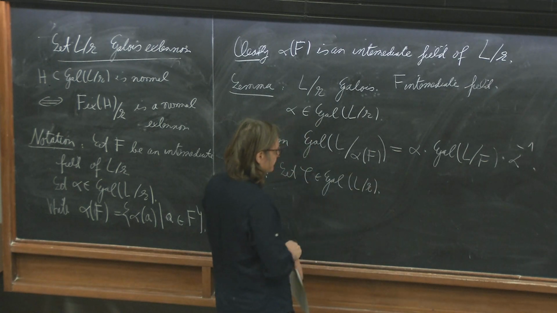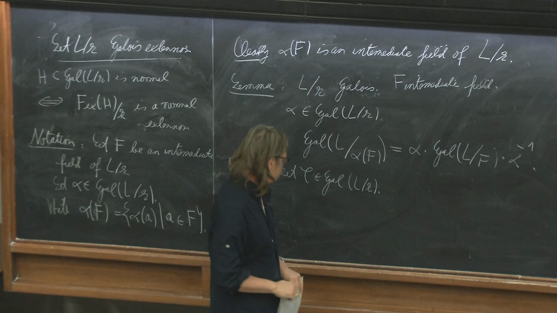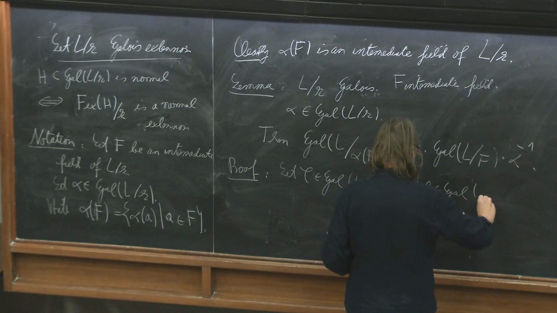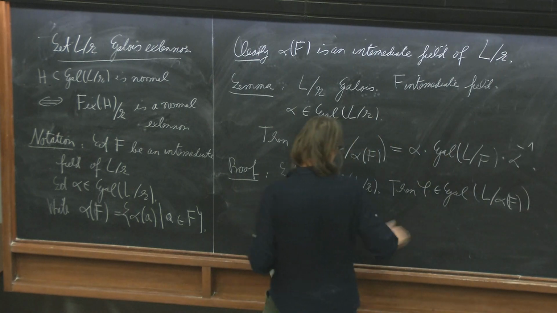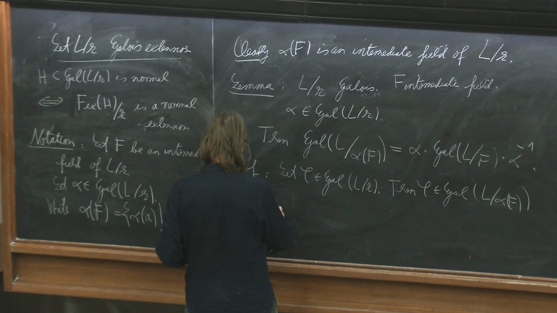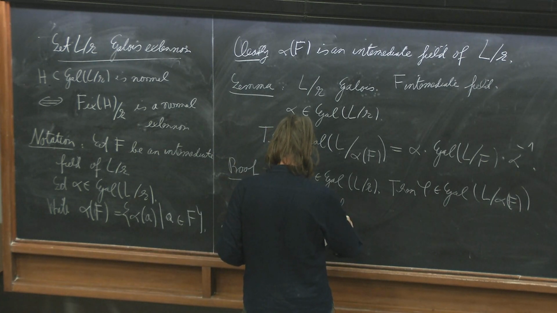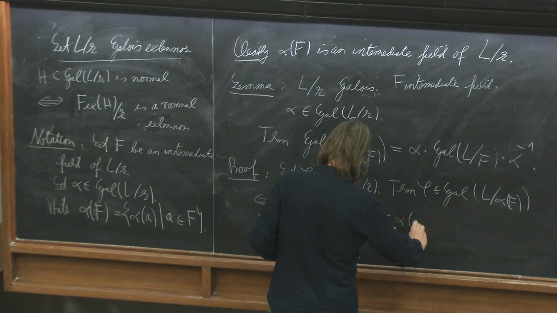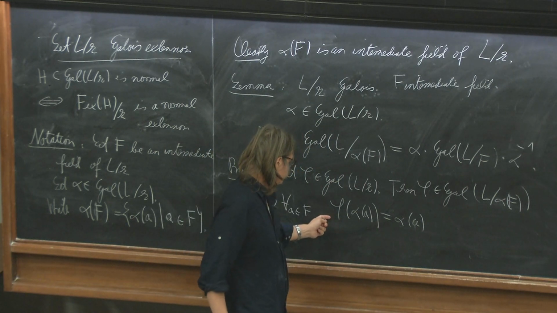Okay. So when is such an element in this Galois group of L over alpha of F? Well, obviously, if it leaves every element of alpha of F fixed, so this is if and only if for all A in F, we have that if I apply phi to alpha of A, this is equal to alpha of A. Now we can multiply here by alpha to the minus 1.